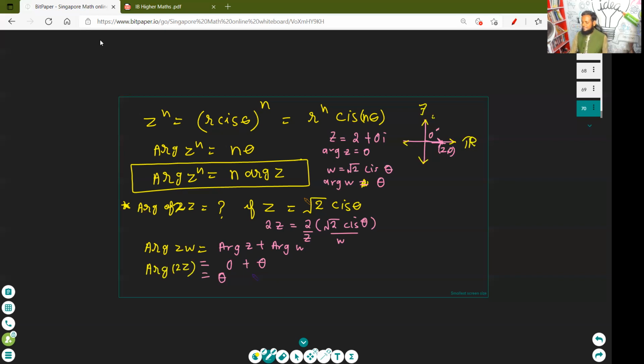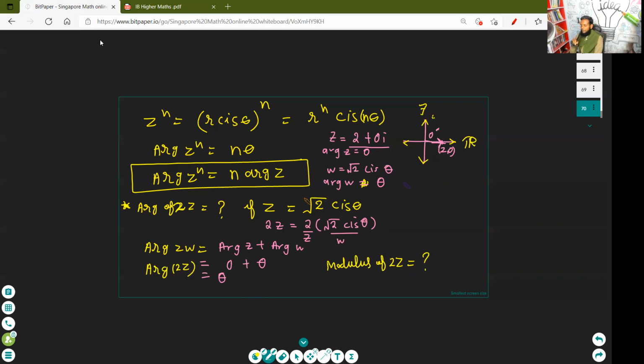Our other task is to find the modulus of 2Z. Can you find the modulus of 2Z? I already have it here, I can find the modulus from this equation.